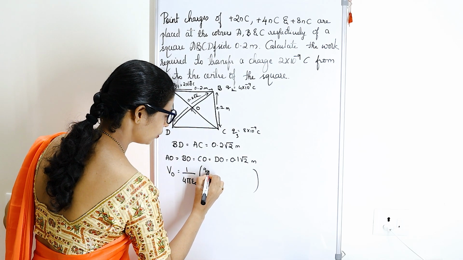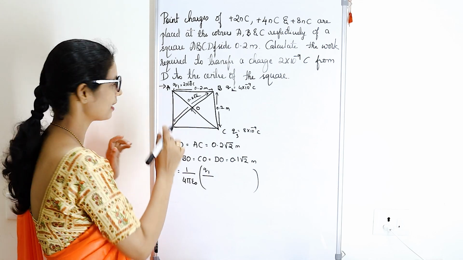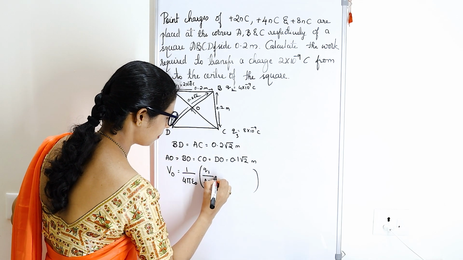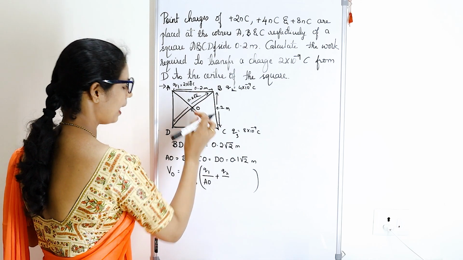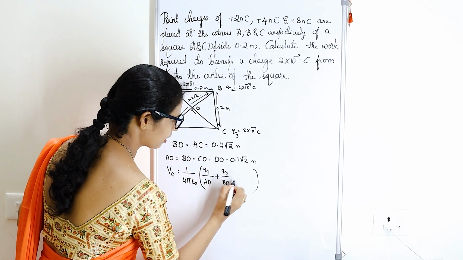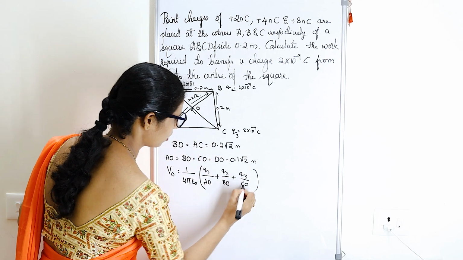First charge Q1 divided by the distance between the center and the first charge, that is AO, plus the second charge divided by the distance between B and the center, similarly Q3 divided by CO.